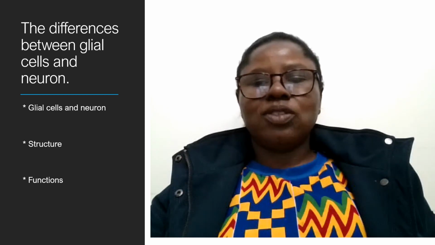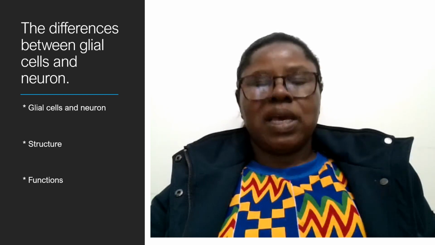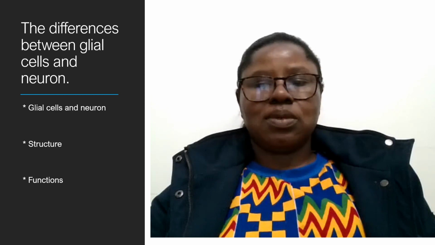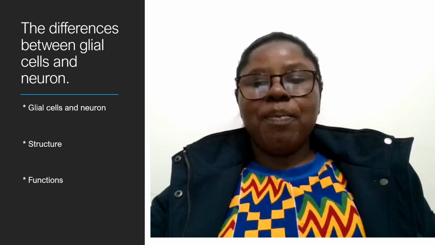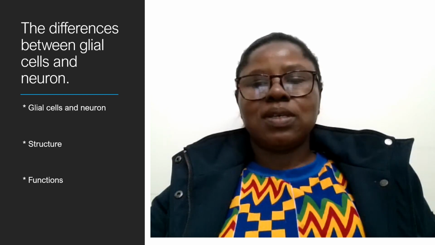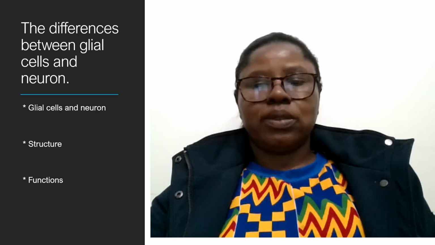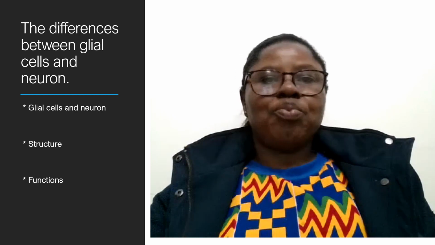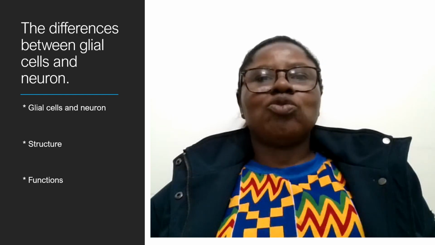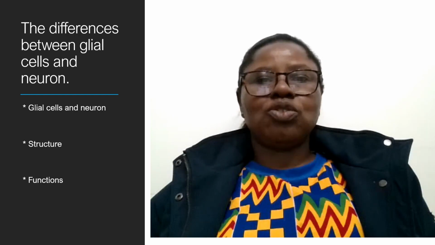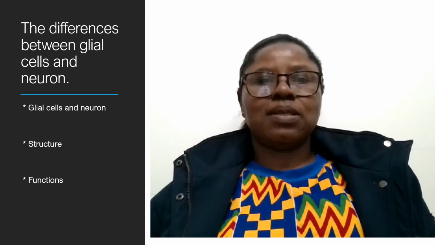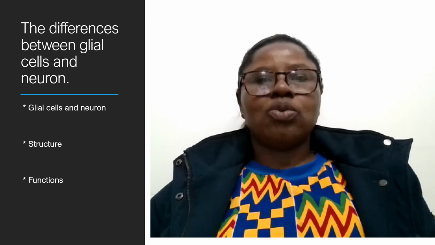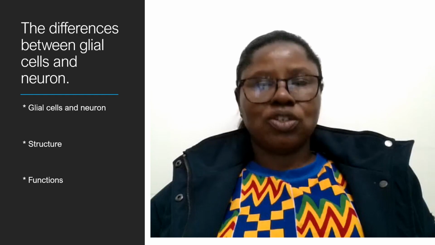When the glial cells are damaged, it affects the neurons, because the neurons cannot work alone. They all work together to transfer information to the neurotransmitters to continue functioning.